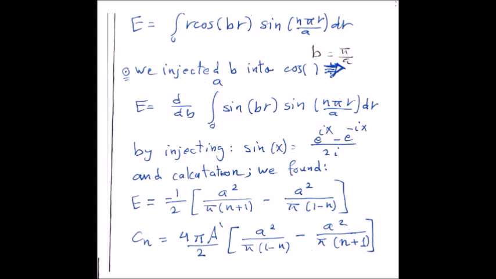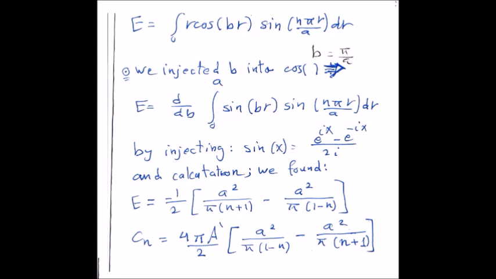I call it p, and then I get r by just a first derivation. I inject p equal to pi over a inside the cosine, and I make the first derivation of the cosine, which gives rise to r.